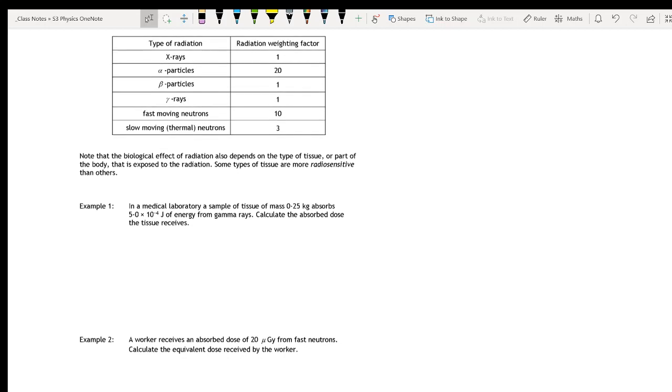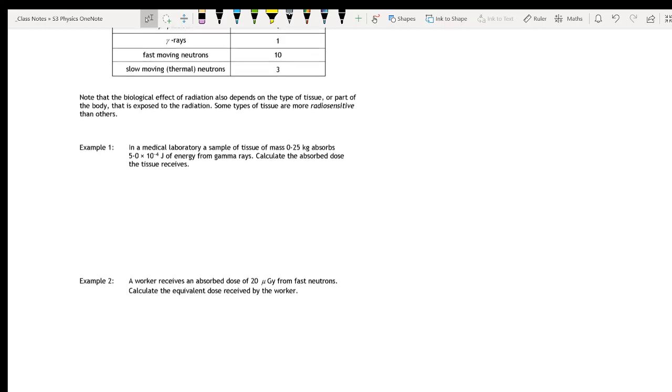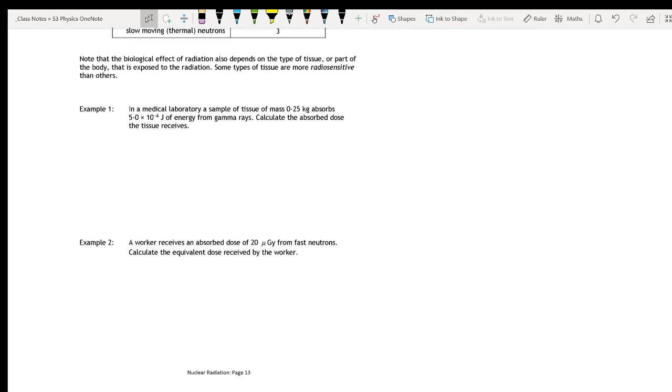Okay, so example 1. In a medical lab, a sample of tissue of mass 0.25 kilograms absorbs 5 times 10 to the minus 4 joules of energy from gamma rays. Calculate the absorbed dose that the tissue receives. So first of all, read that question and write down what you've got.